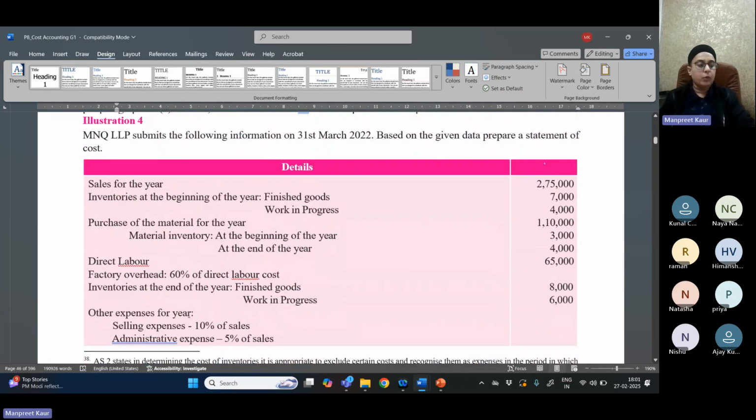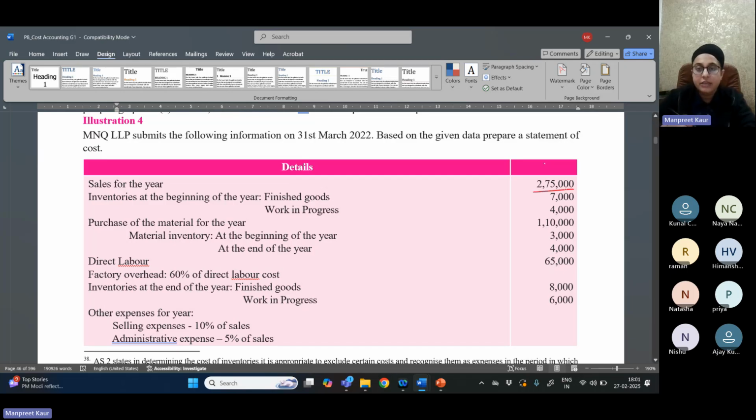Have a look at the question. M&Q LLP submits the following information on 31st March 2022. Based on the given data, prepare a statement of cost. Now, I will explain how to attempt the question. First, read out the question. After reading it out, we will start with the solution.